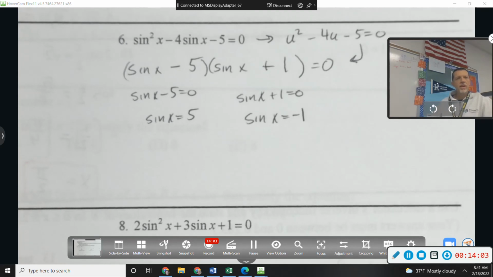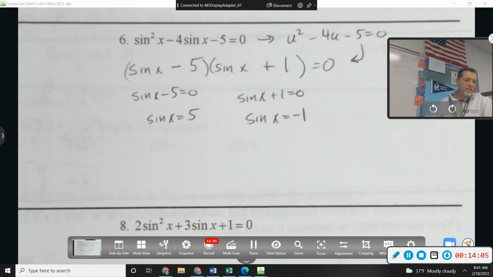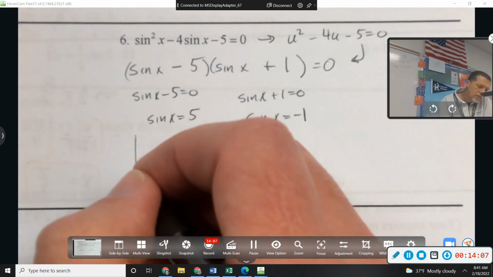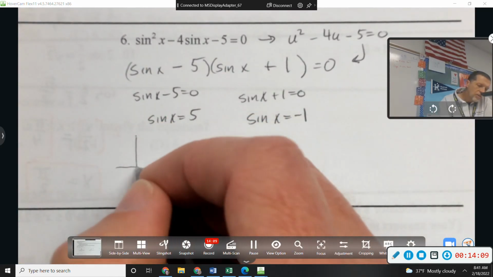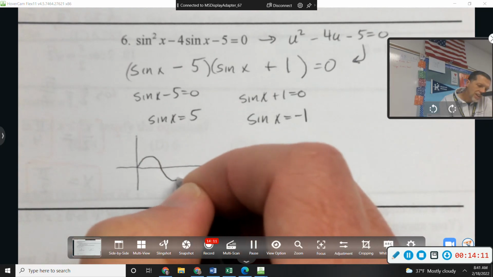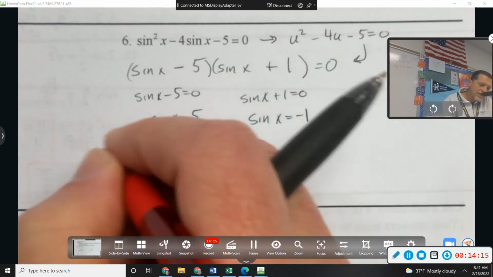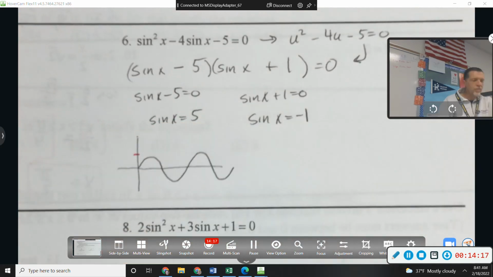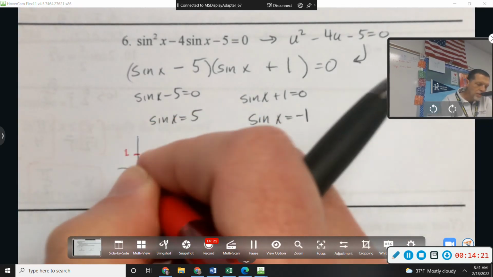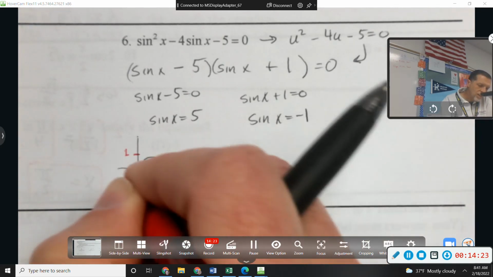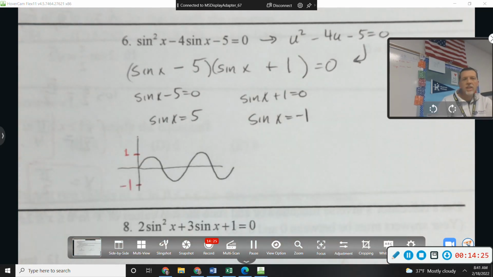Okay, sine of x equals 5. I don't recognize that as a unit circle value. If we think about the graph of sine, how high does the graph of sine get? What's the maximum it gets up to? 1. And what's the minimum it gets down to? -1.